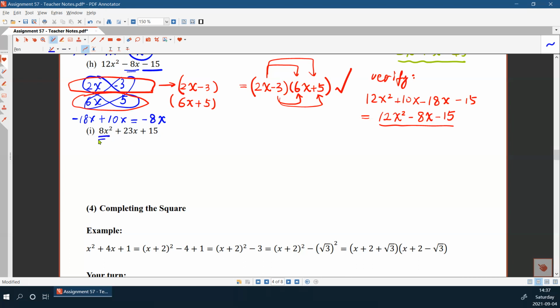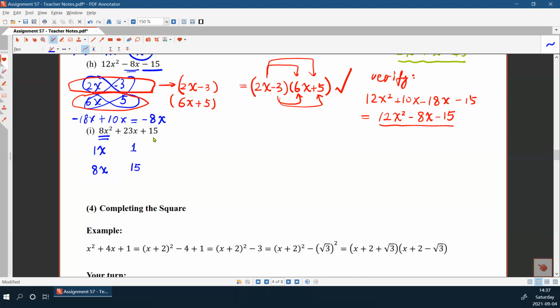The first term can be factored to 1x and 8x, right? You want to keep the 8 here. 1x and 8x. If you multiply these two terms, you will get 8x squared. Okay, so that's working. And again, we want to keep the 15 here.